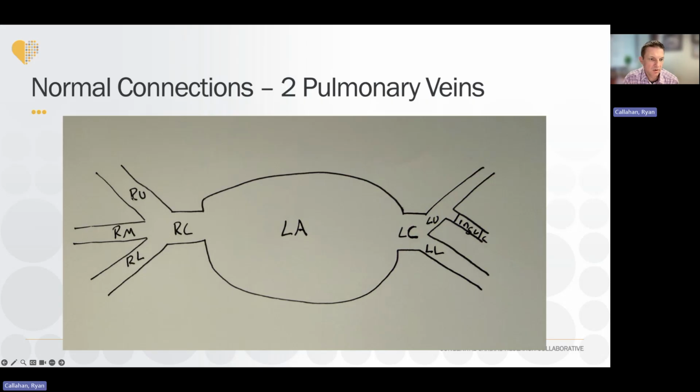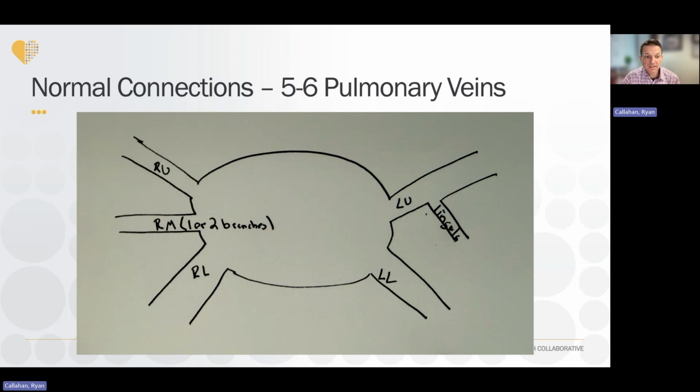It could join the middle, it could join the upper, it could join the lower, or it could come in by itself, kind of like a trifurcation before entering this right common. But the rule remains the same, where the entire right lung is entering one single vein of variable length prior to draining into the left atrium.